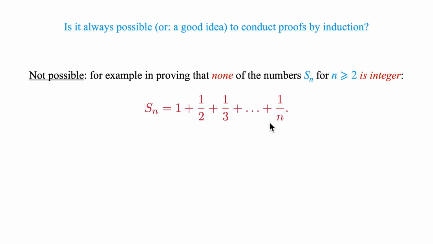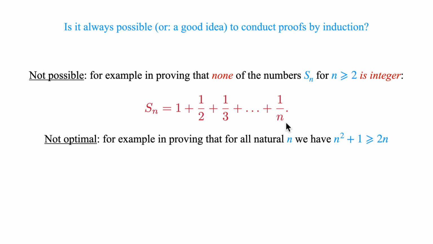Because there you would have to prove that if such a number for some n is not an integer, it must imply that the number with n plus 1 is not an integer, but I don't even believe that it's possible to prove.